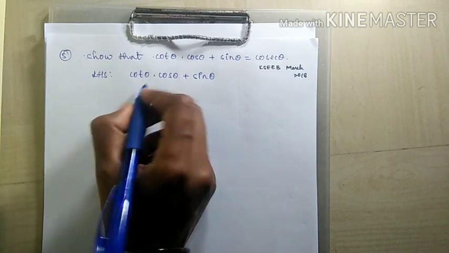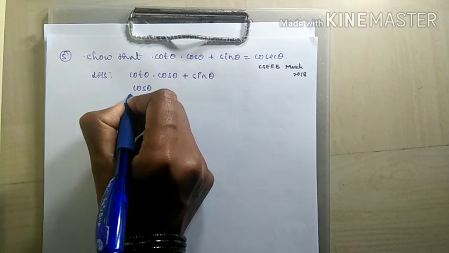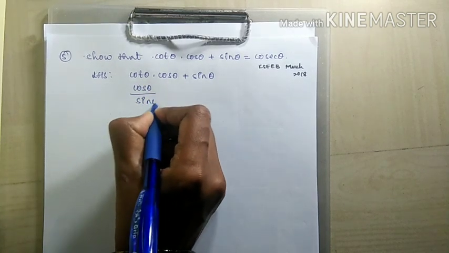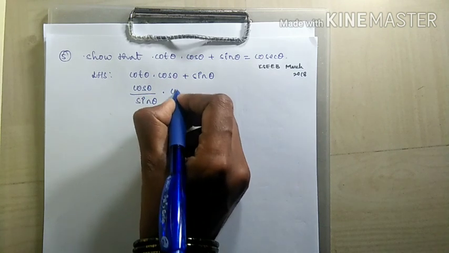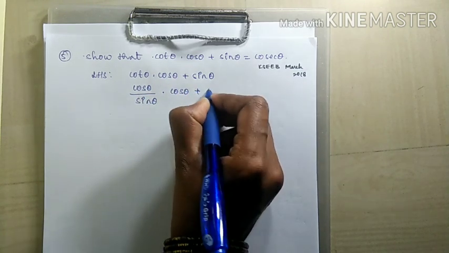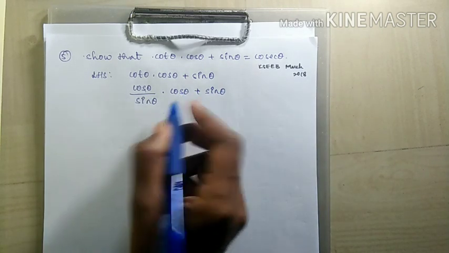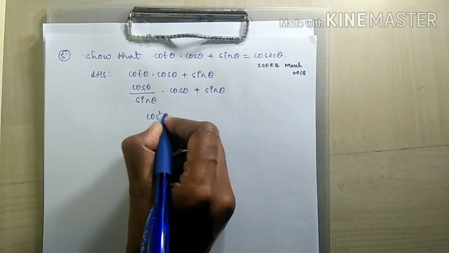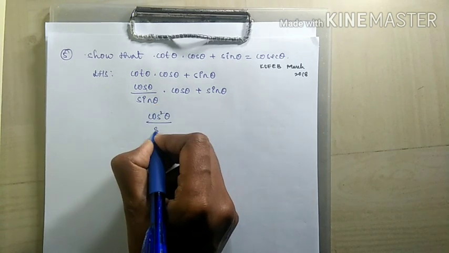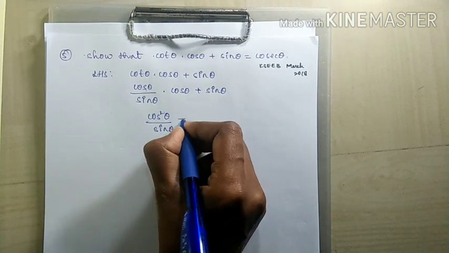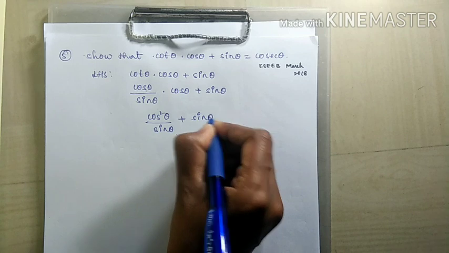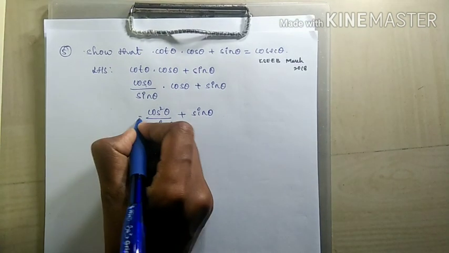So cot theta you can write as cos theta by sin theta into this, cos theta written as it is plus sin theta. Now cos theta into cos theta is cos square theta divided by this sin theta, plus sin theta.